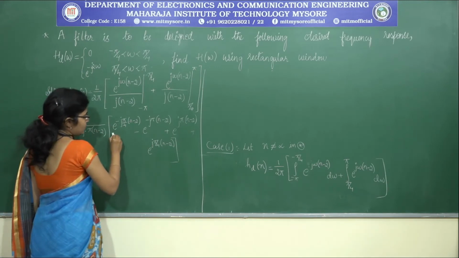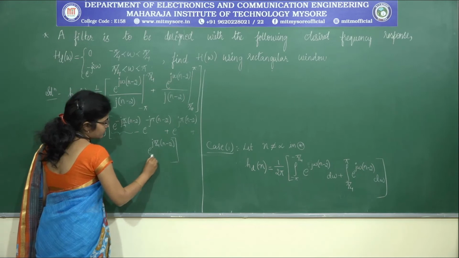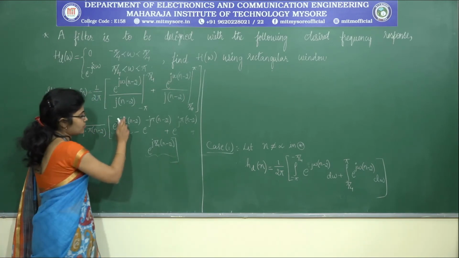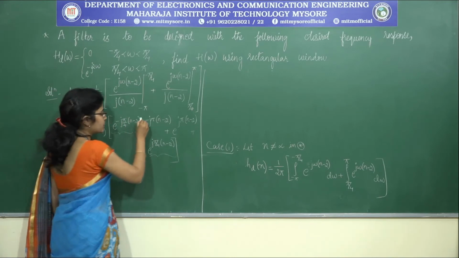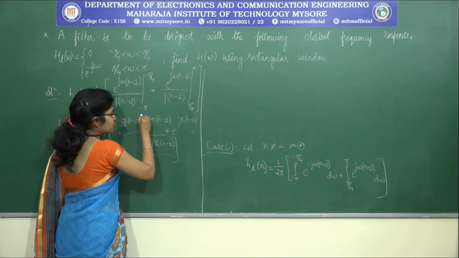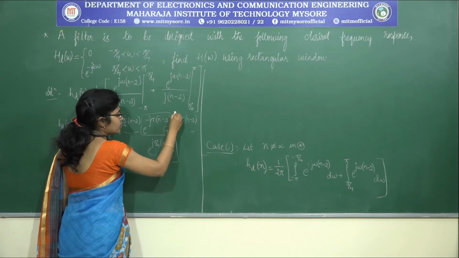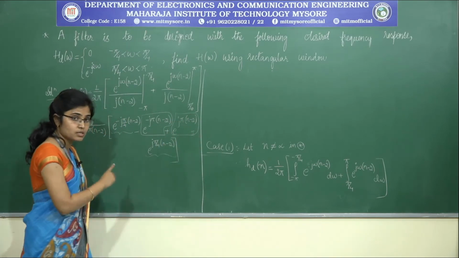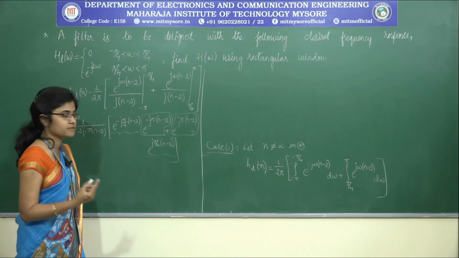Now, we have e power minus j theta here, we have e power plus j theta here, the same exponential power. Similarly, we have e power minus j theta here and e power plus j theta here. So, we can express these two pairs in terms of sine.